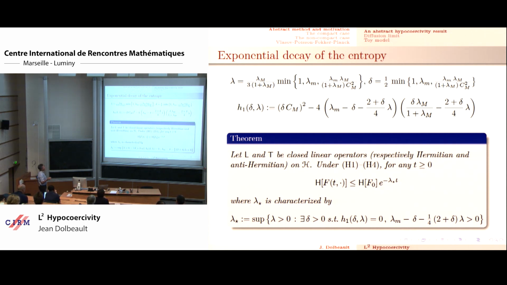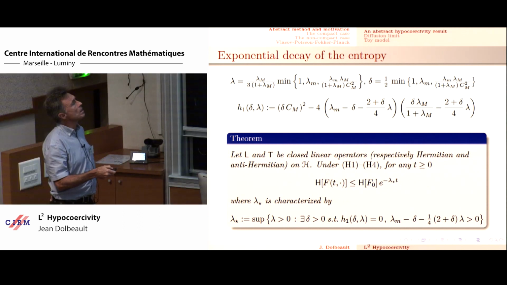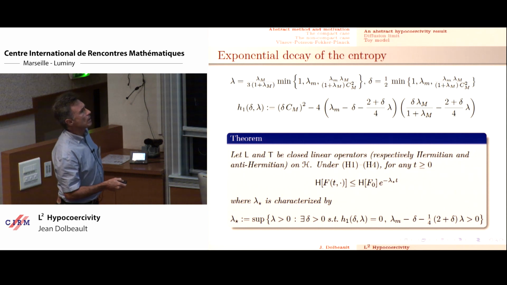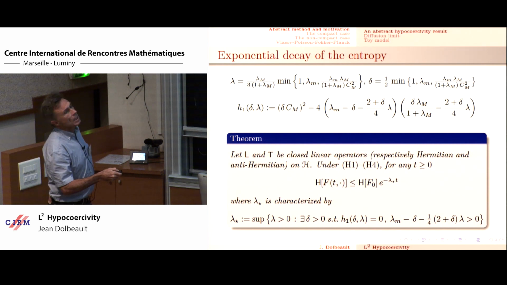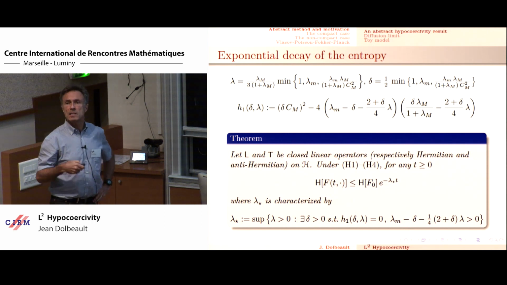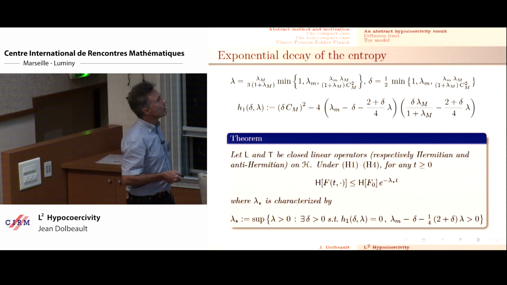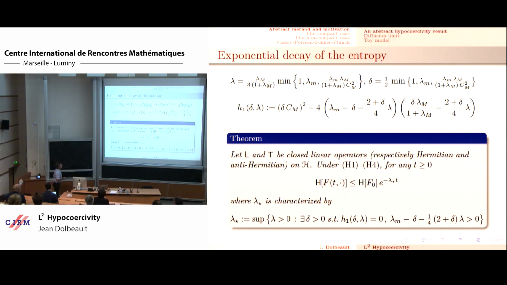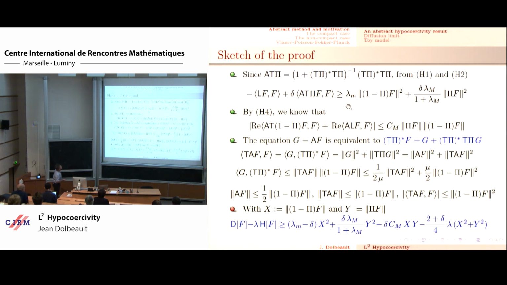Actually, the quantity you need to optimize in terms of lambda and delta is this quantity. You want this to have a sign, to be, how do you want it to be? Non-negative, I guess. So for any delta which is admissible, you can pick the largest lambda, and then it makes lambda depending on delta. I will show you where it comes from. Okay, so this is the abstract result.